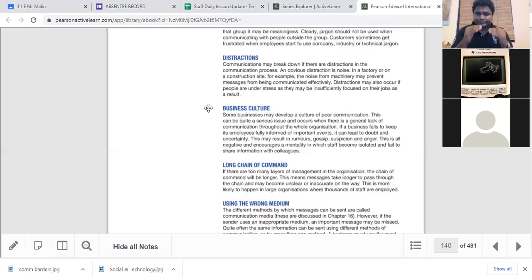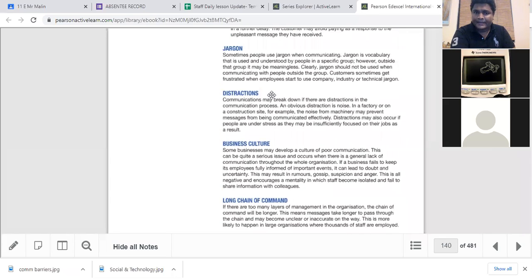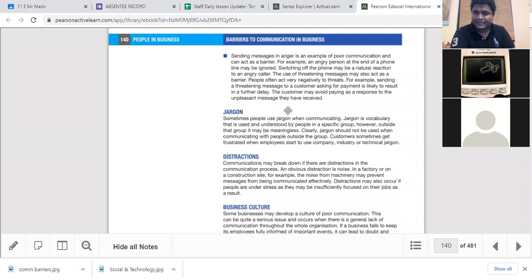Okay, so let me sum up today's lesson again. We talked about business culture being a barrier, and distractions like outside noises being a barrier. Communication jargon can be a barrier, so avoid jargon and try to send things more simply. Simplicity is important.